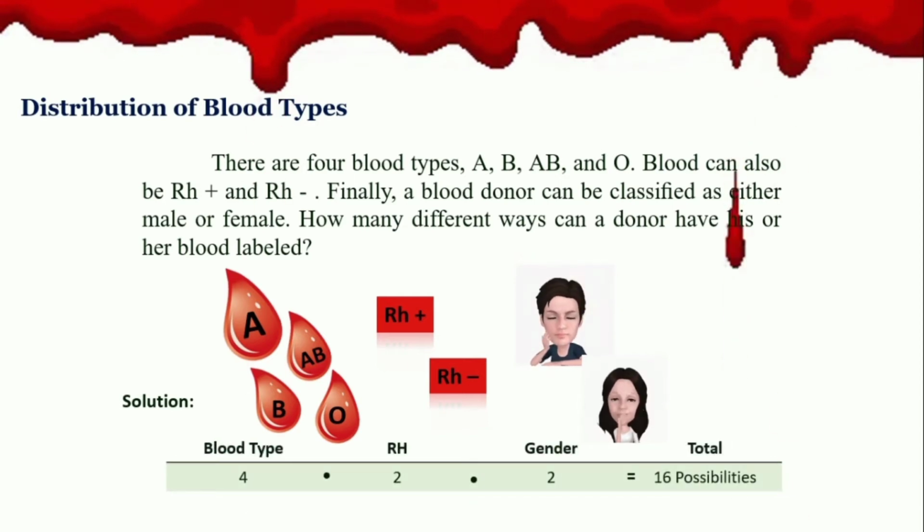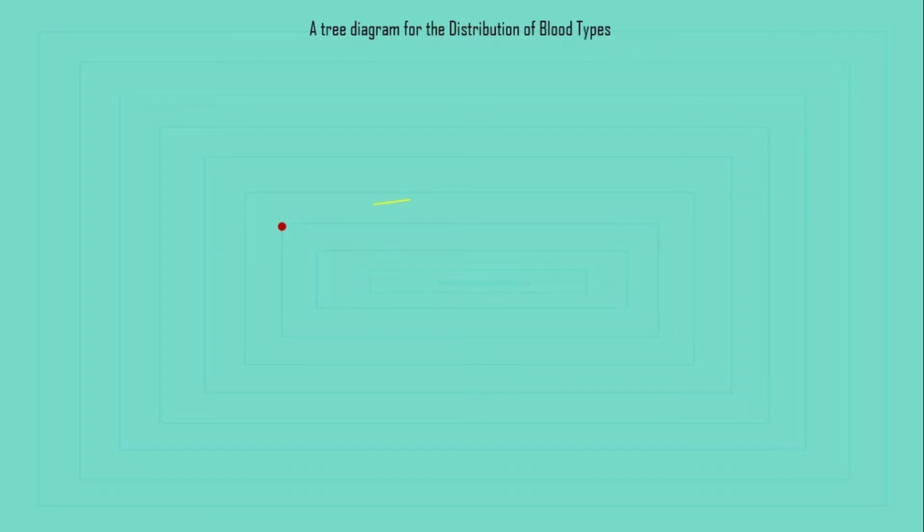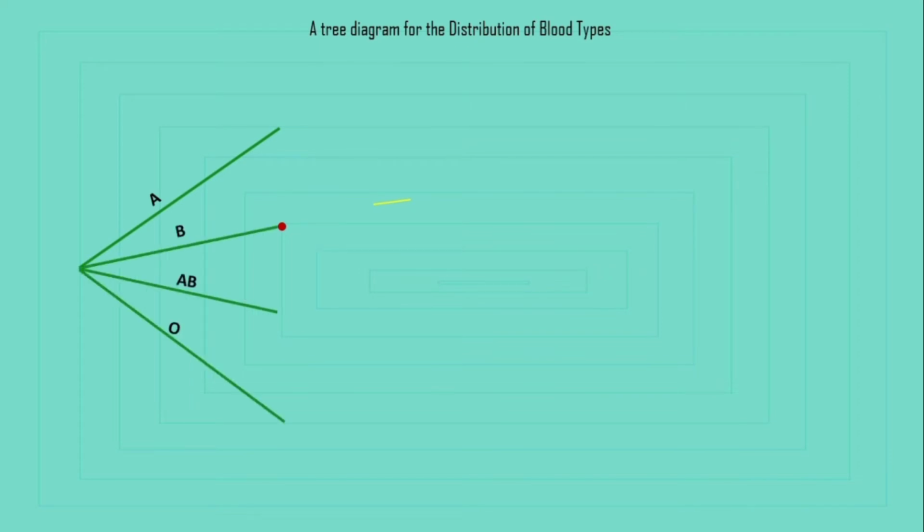We can also draw a tree diagram for the distribution of blood types. We have A, B, AB, and O for blood types, and each blood type is either Rh positive or Rh negative.